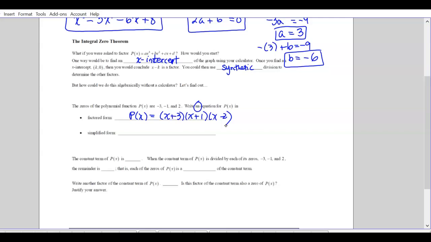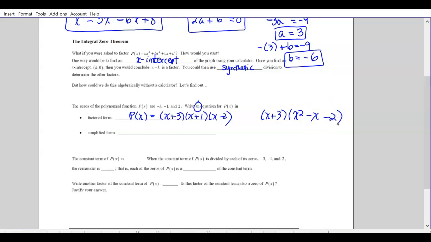What does that look like in simplified form? We're not going to do this every time, we're just showing the process. We need to expand these out. I'm going to choose the last two binomials and expand those. So x squared minus 2x plus x is minus x minus 2.